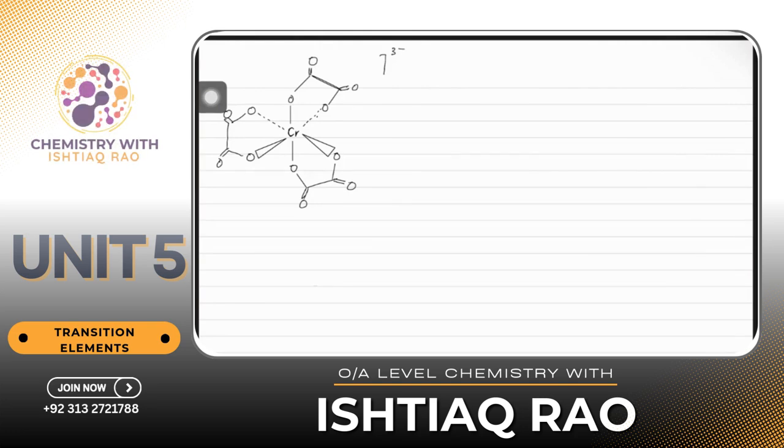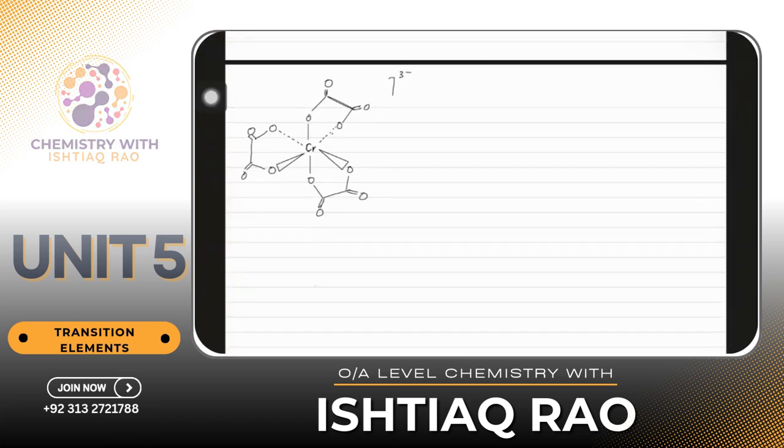Since EDTA is a hexadentate ligand, one EDTA is more than enough for the metal to give you the octahedral geometry, because EDTA can donate six dative bonds towards the metal cation. So these are examples of octahedral shapes with different ligands. We might have monodentate, bidentate, and polydentate ligands as well.